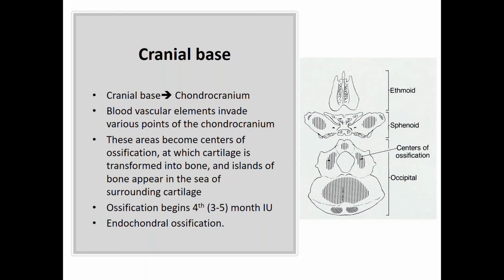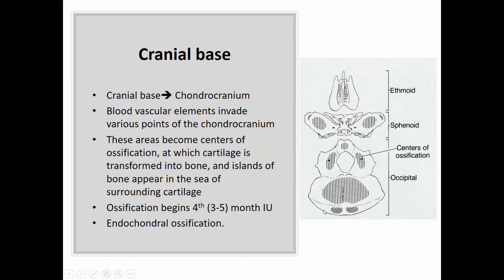And this is why the first sites of ossification will actually start at month number 4 intrauterine. And why is it later than the cranial vault? Well, because simply we need to form cartilage first, because this is endochondral ossification, and after that this will be transferred to bone. So these shaded areas represent the islands of bone that start to form within the cartilage.